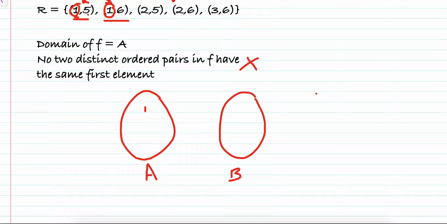So if we have 1, 2, 3, and here we have 4, 5, 6, 7, and we have a relation like this.